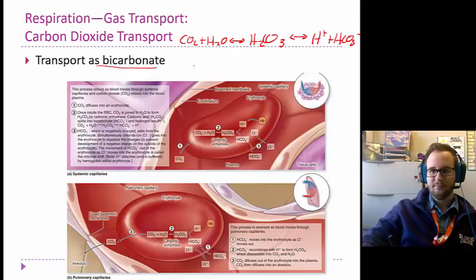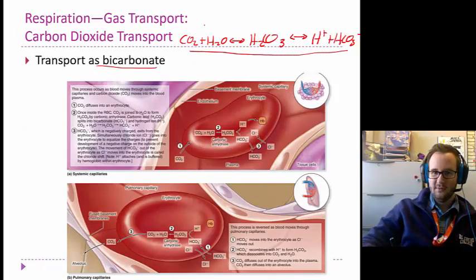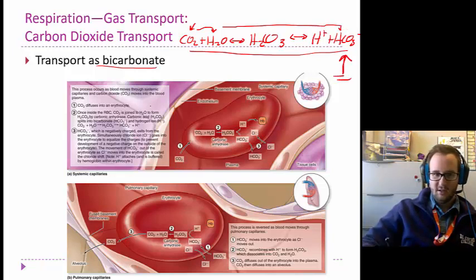So most of that 70% of carbon dioxide, whenever it interacts with water, is going to undergo this process and get transported as bicarbonate ions. There's this little image that I've got for y'all that shows the carbon dioxide entering in, and there is an enzyme needed for this called carbonic anhydrase, but this ends up resulting in bicarbonate ions.